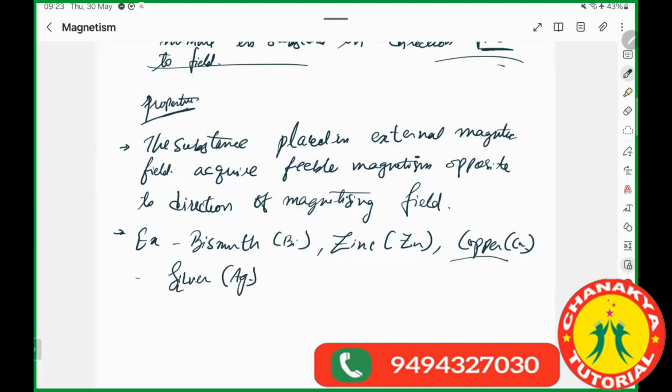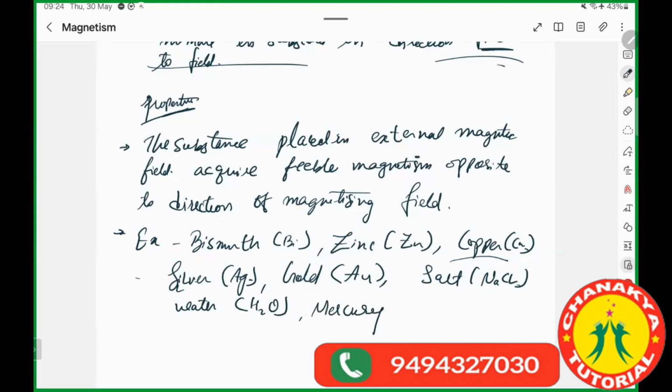Silver Ag, gold Au, salt NaCl, water, mercury, hydrogen in H2O, etc.